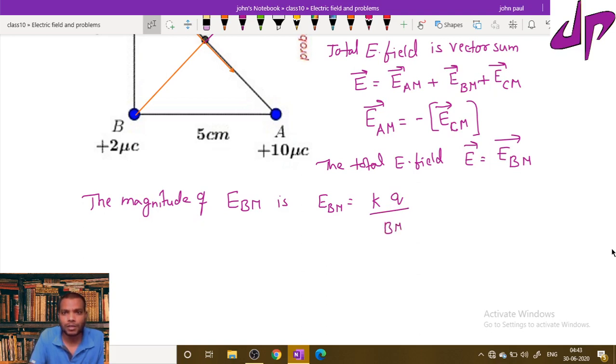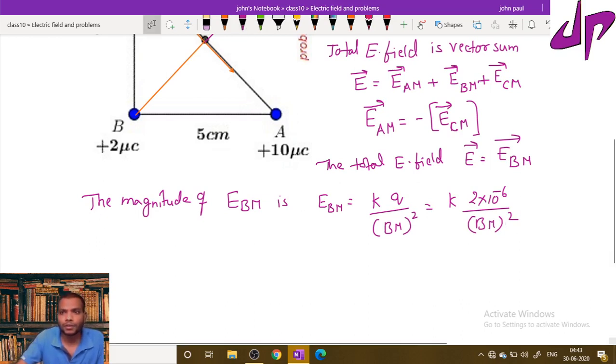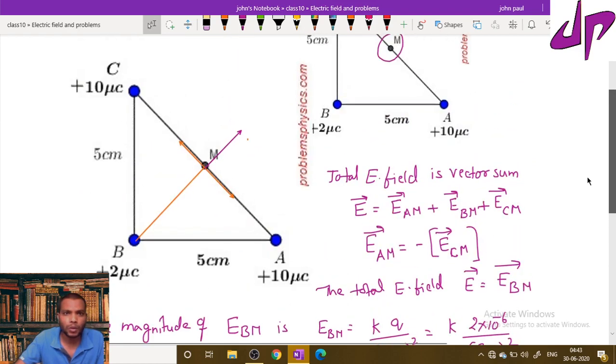Here the distance is BM squared. Substituting the charge value, 2 times 10 power minus 6, divided by BM squared. We need to figure out the distance between B and M.